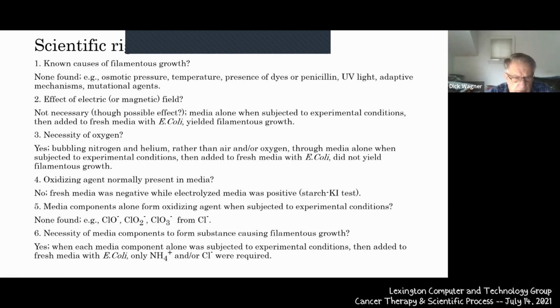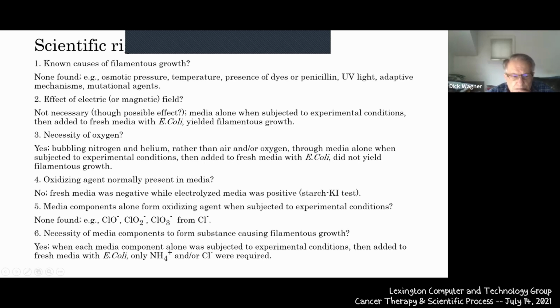What about any of the components alone that are subjected? So, for example, if you put oxygen through that media, can you get an oxidizing agent? And they didn't find any. They used, for example, chloride, perchlorate, and so forth that they thought might be coming from chloride, or the chloride ion, and they didn't find anything. It wasn't there.